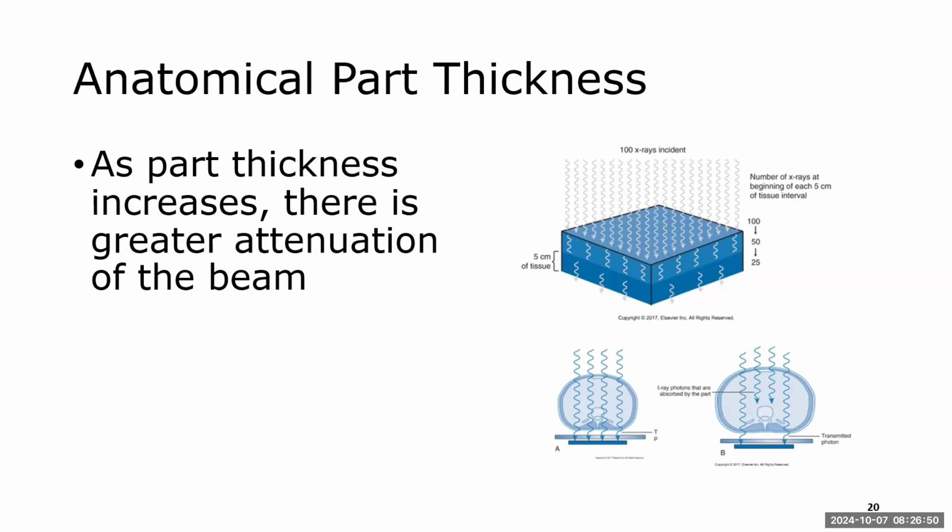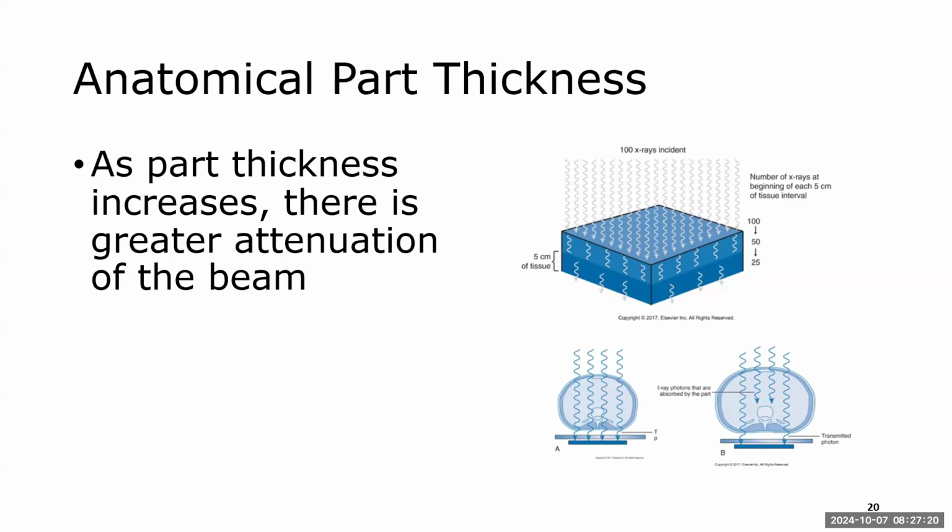But if you double that thickness, you can see that the number of x-rays at each level that actually make it through changes. This is hypothetical, of course, but let's say there's 100 x-rays incident upon that tissue thickness, and you can see that it drops from 100 to 50 and then 50 to 25 as the thickness of the tissue continues to increase.